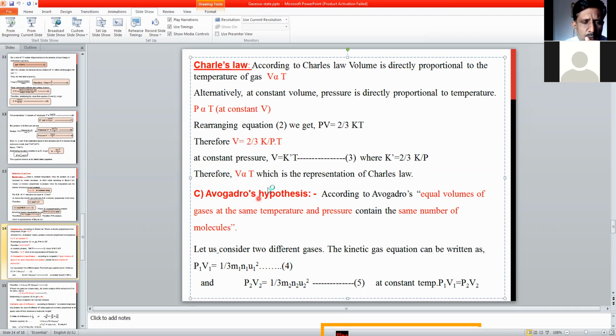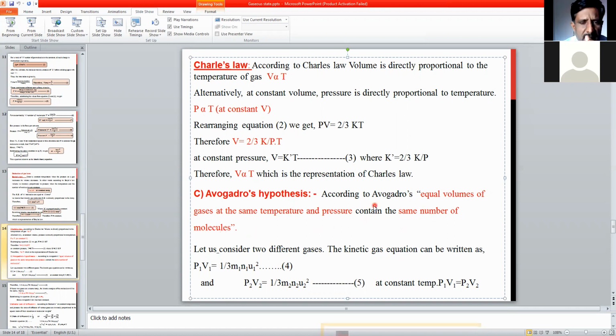Now we will move to the next hypothesis, that is Avogadro's hypothesis. According to Avogadro's hypothesis, equal volumes of gases at the same temperature and pressure contain the same number of molecules.